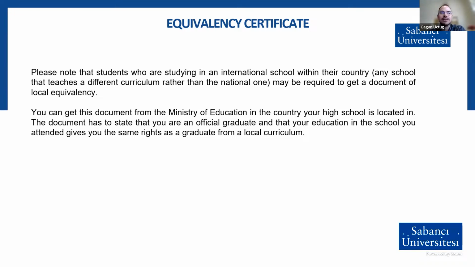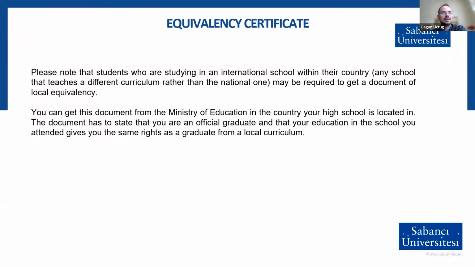So, for example, if you're studying in Saudi Arabia, and if you're studying in a school that provides the International Baccalaureate, for example, or the GCE, or an American high school education, then you have to get an extra document from the Ministry of Education in Saudi Arabia stating that your school is recognized. A local equivalency paper, basically, from the ministry in the country that you're in.